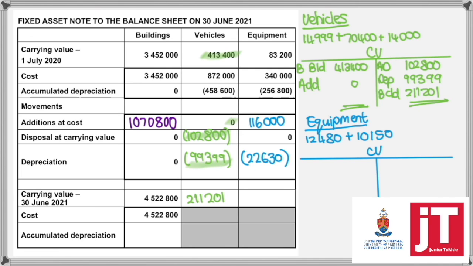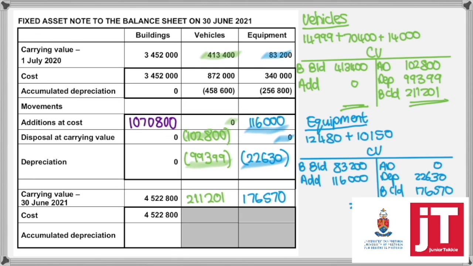So now to solve the carrying value at the end, we're going to take the beginning plus additions minus asset disposal minus depreciation equals the balance at the end.